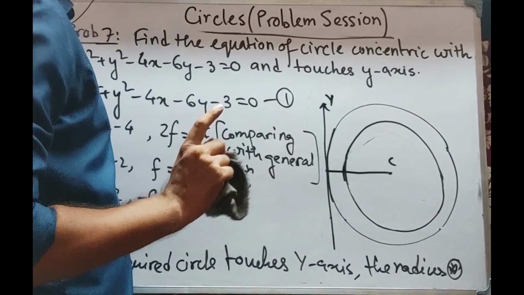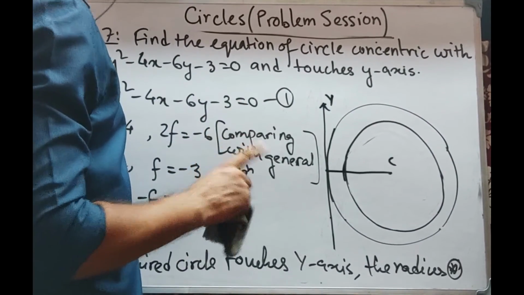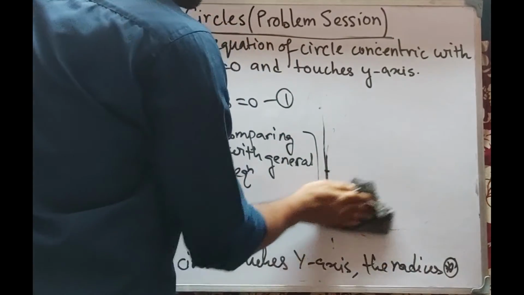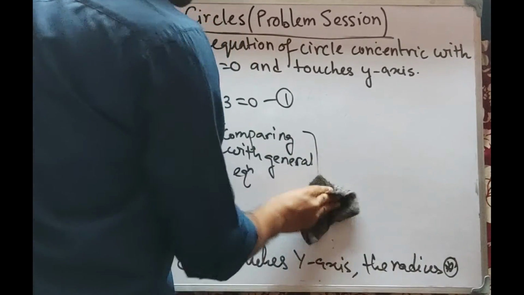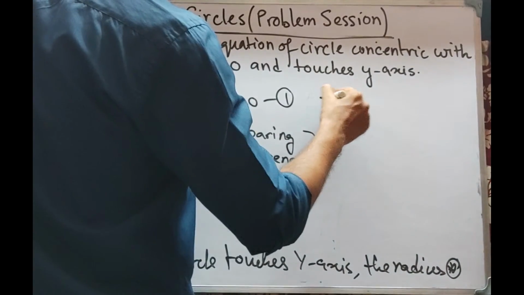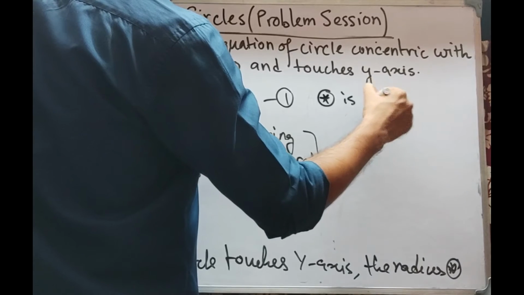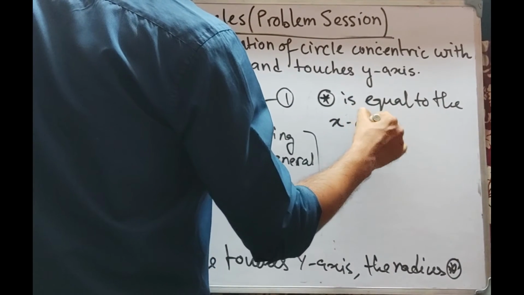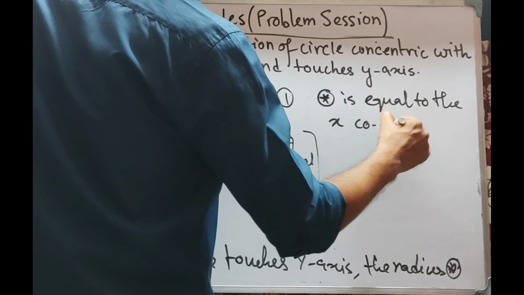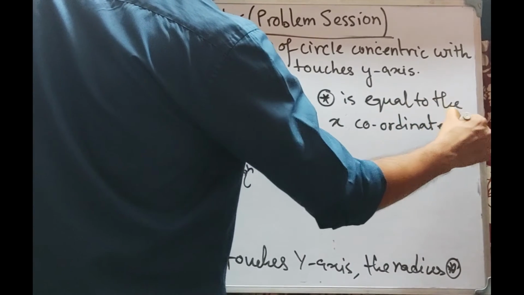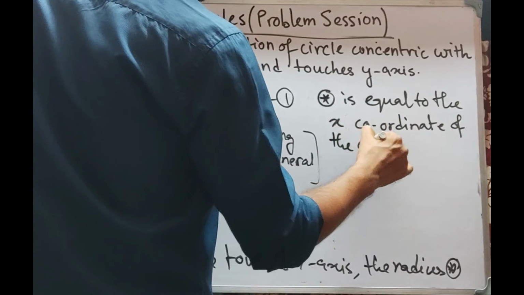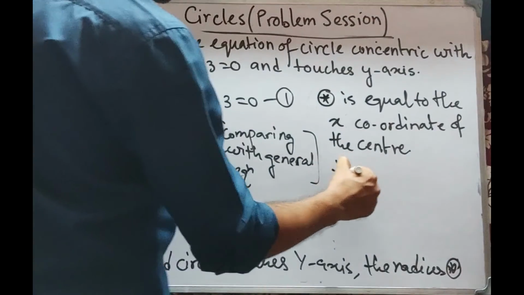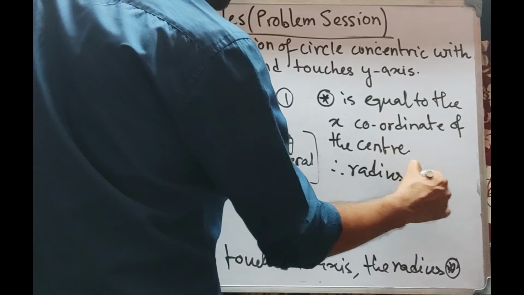I think the picture has served its purpose. It is not required anymore. So we can say that the radius is equal to the x coordinate of the center. That means radius equals 2.